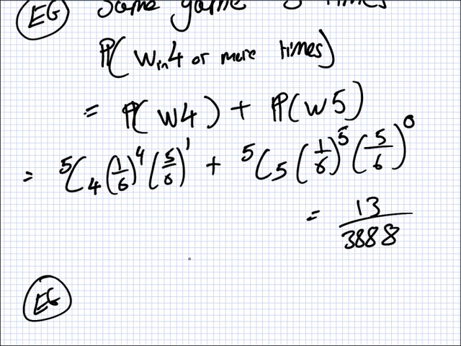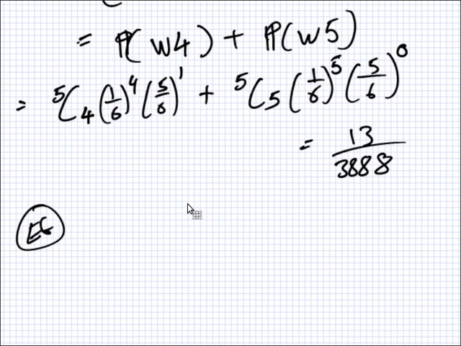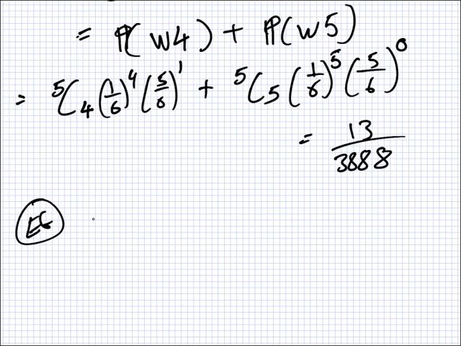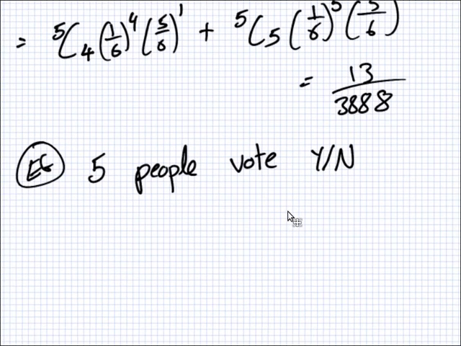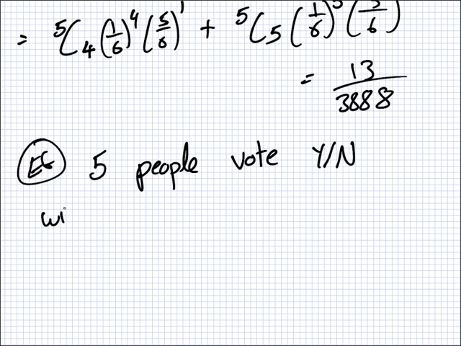So example, 5 people vote, and the vote can be just a simple yes, no. And we'll say the probability that someone votes yes is, we'll keep it simple, 0.5.